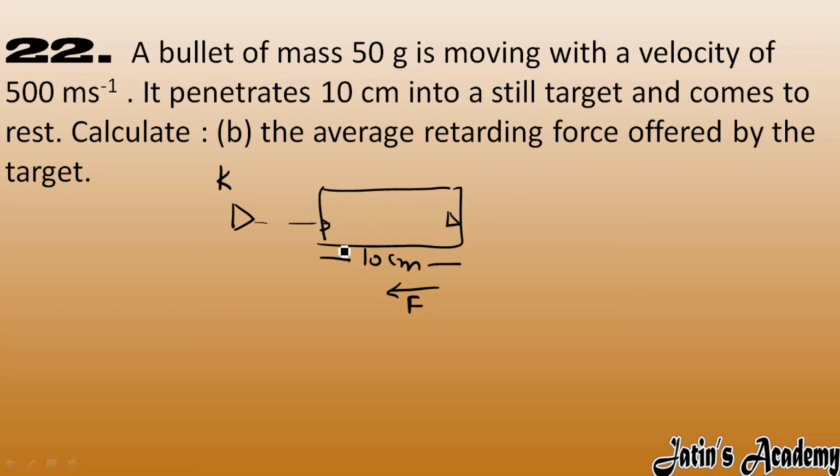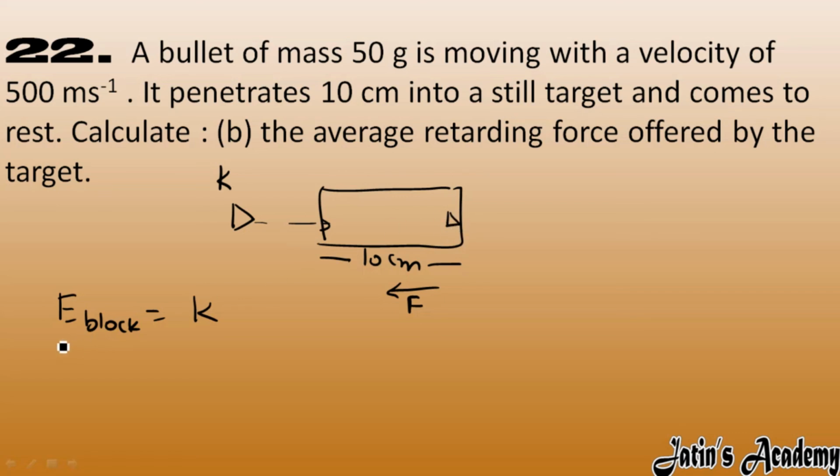The energy applied by the block is equal to the initial kinetic energy of the bullet, due to conservation of energy. So the energy which is there in the form of kinetic energy in the bullet is fully absorbed by the block, only then the bullet comes to rest.